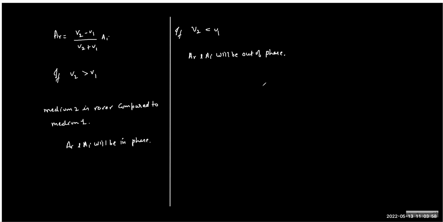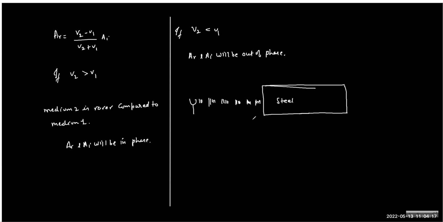So imagine you have a steel rod and the sound wave is coming like this. Let's say we have a tuning fork. Which medium is denser?